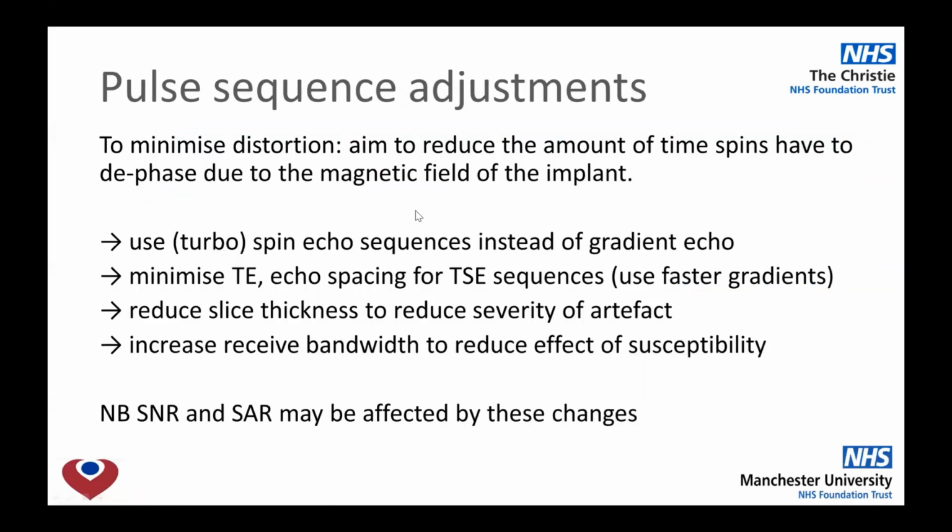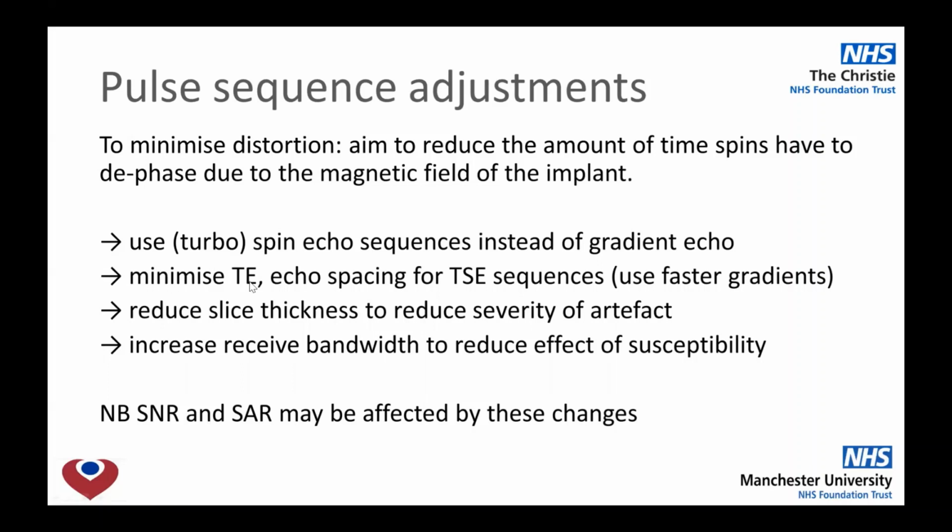So we'll now discuss the pulse sequence adjustments that can be made to minimize this distortion. The main aim is to reduce the amount of time that spins have to dephase due to the presence of the magnetic field of the implant. So the very simple ones: it's advised to use turbo spin echo sequences instead of gradient echo sequences. Again, that's because they have this 180-degree refocusing pulse that can undo some of the damage of magnetic field inhomogeneities locally.